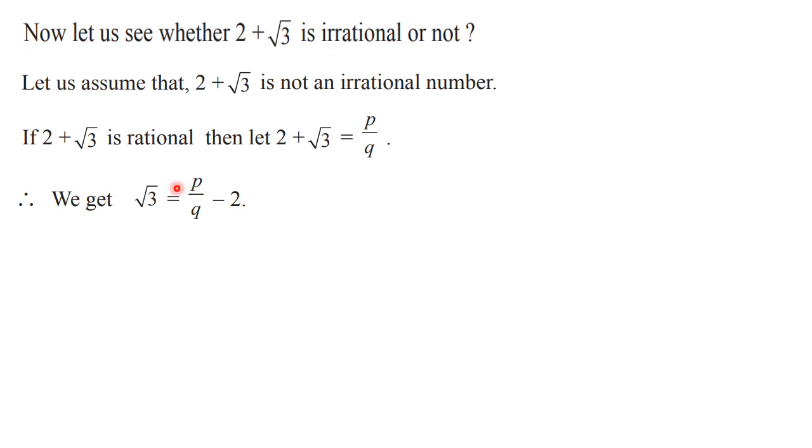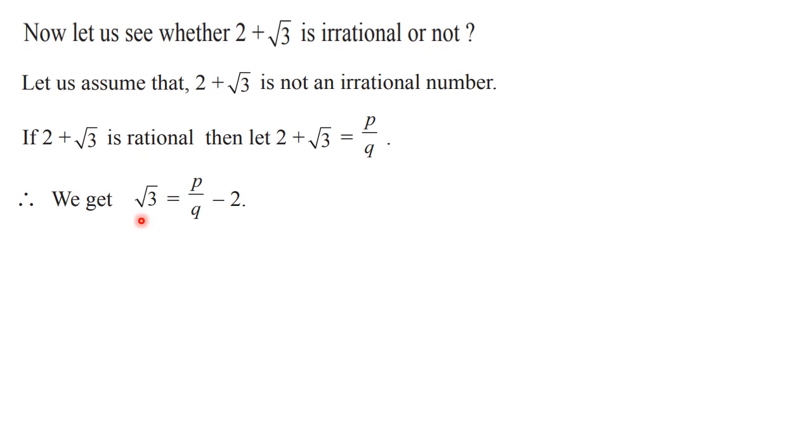Okay, now P upon Q is a rational number and 2 is also a rational number. So their subtraction has to be rational. So here the right hand side is rational. And observe the left hand side. We have already proved that root 3 is an irrational number. So what we got is that the right hand side is rational and the left hand side is irrational, which is not possible.